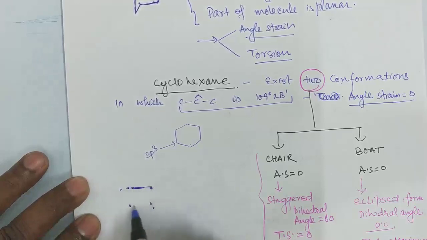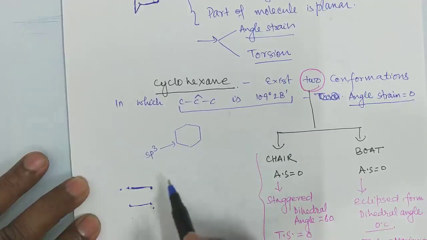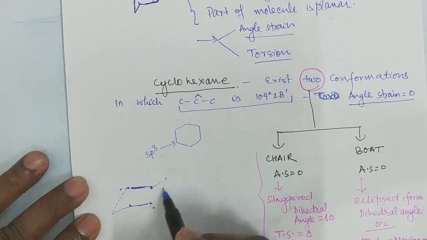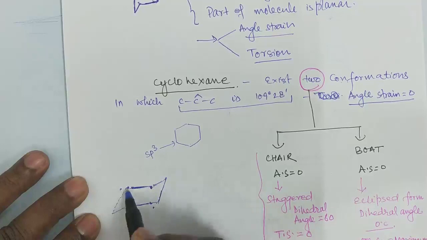Like this. And one carbon atom is above the plane here and one is below. So you can draw the structure like this. So this is the representation of chair form.